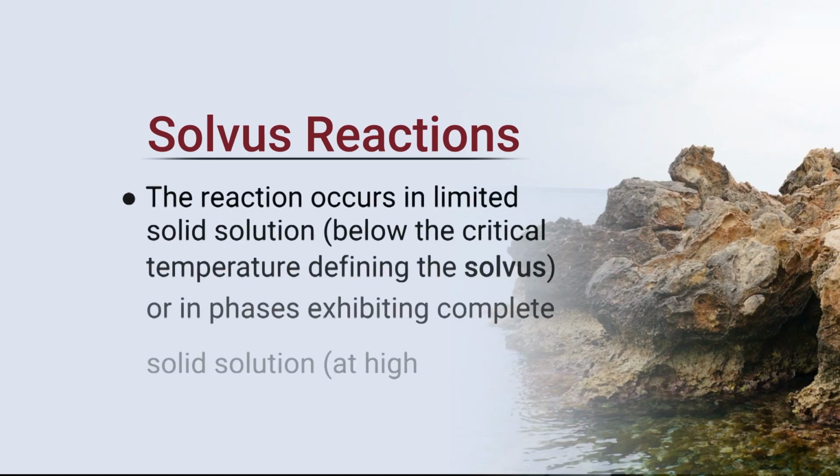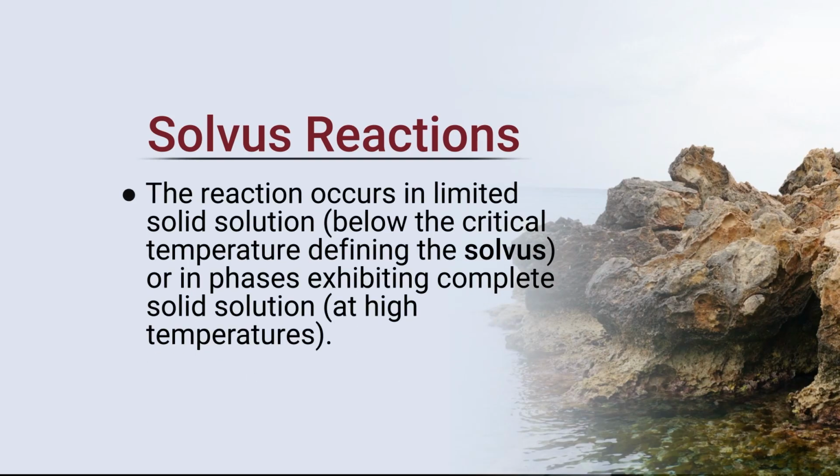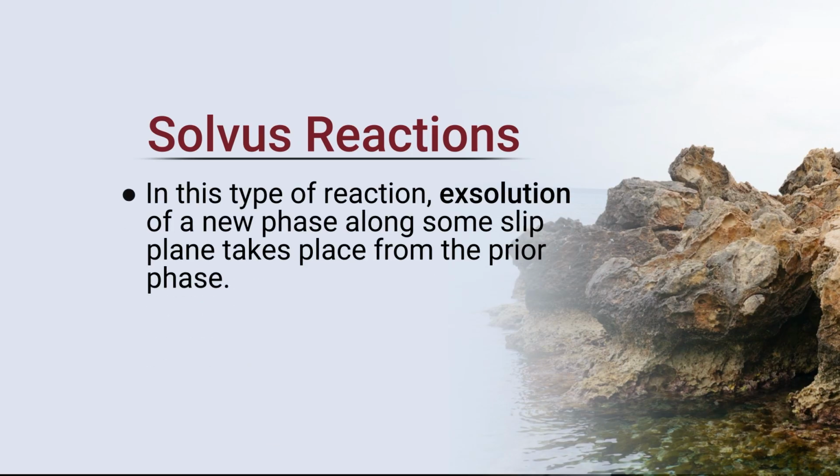Now, there is another kind of reaction which is known as solvus reaction. This reaction occurs in a limited solid solution, below the critical temperature defining the solvus, or in phases exhibiting complete solid solution at high temperatures. So, this is called a solvus reaction.